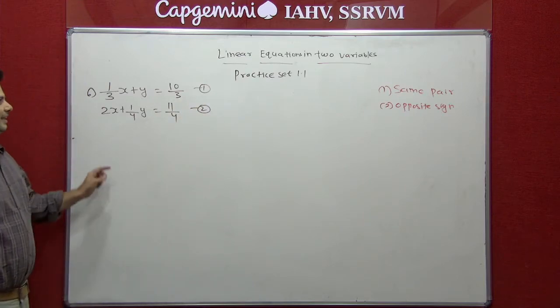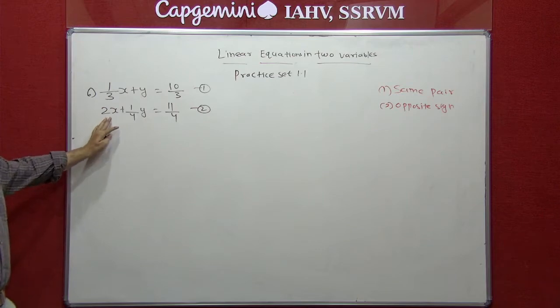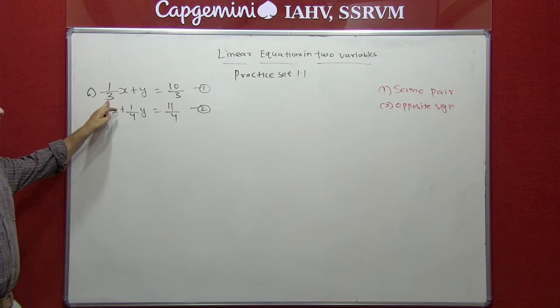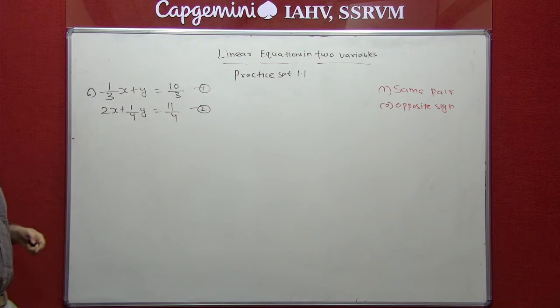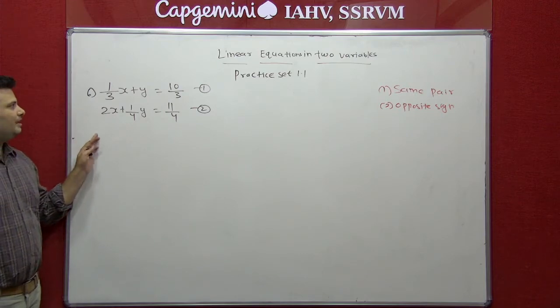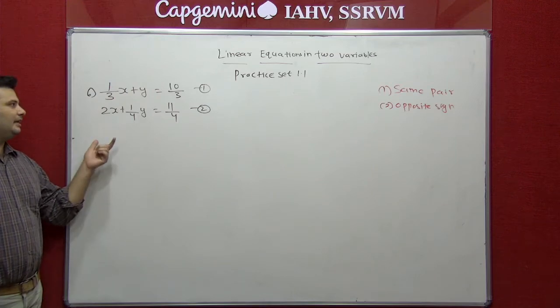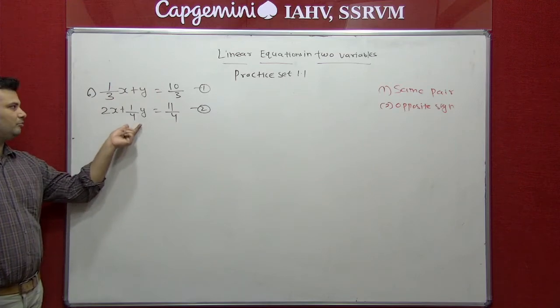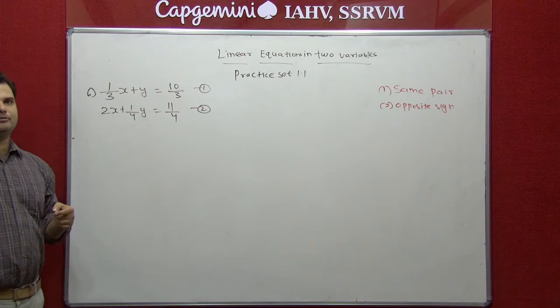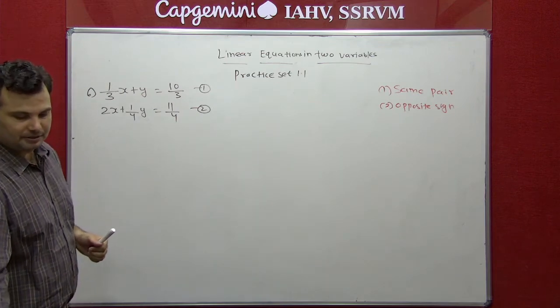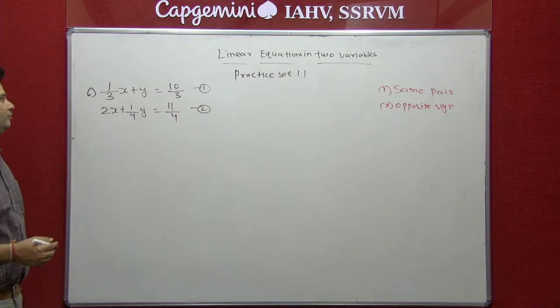So student, this is a linear equation in two variables, x and y, and the maximum index is 1. But if you want to convert it to ax plus by plus c, then we have to remove the denominators 3 and 4. So we can do one thing: in equation number 1, if we multiply by 3, then 3 will get cancelled. Similarly in equation number 2, if you want to remove this 4, we can multiply by 4 in all the parts. Let's start sum number 6 from practice set 1.1.